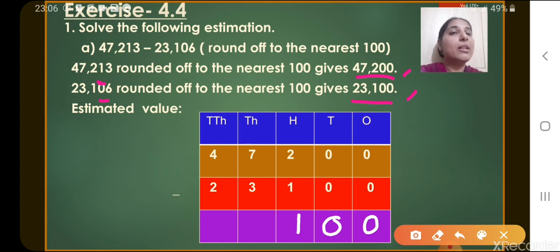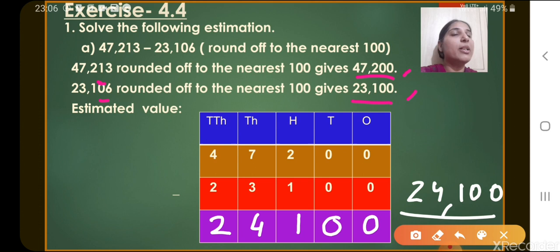Now look at the thousands column. 7 minus 3. So 7 minus 3, what we will get, children? 4. And now look at the 10,000s column. So 4 minus 2, what we will get? 2 only. So what is the estimated value here that we got? Yes, it's 24,100.